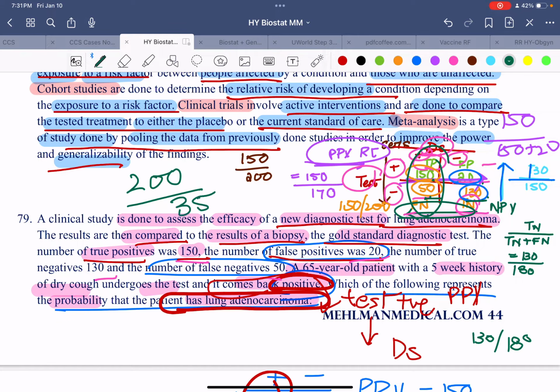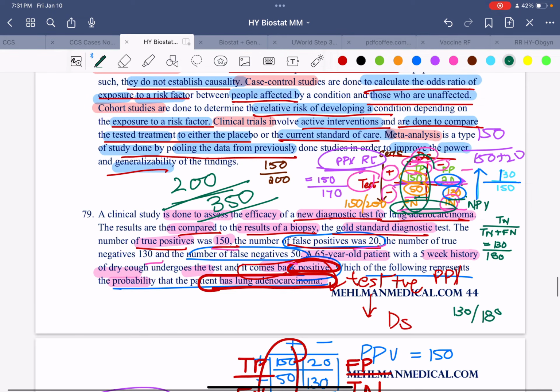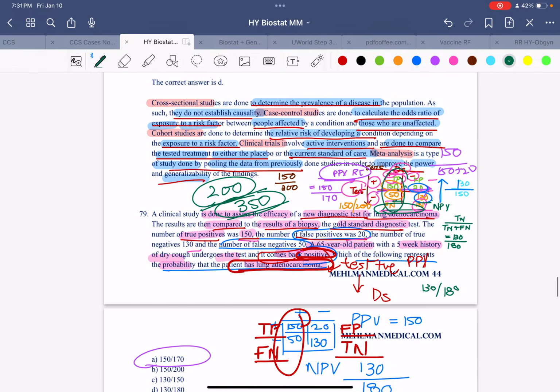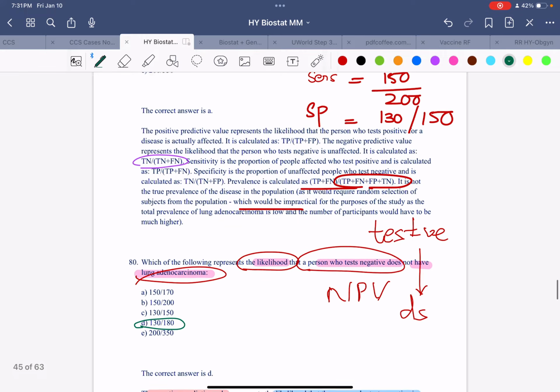So we can calculate the prevalence for this particular disease in this study population to be 200 divided by 350, by putting together the true positives and the false negatives at the top and then taking the sum of true positives, true negatives, false positives and false negatives together, and so it comes out to be 200 divided by 350.